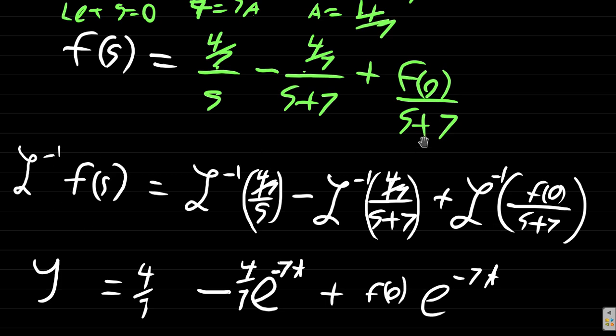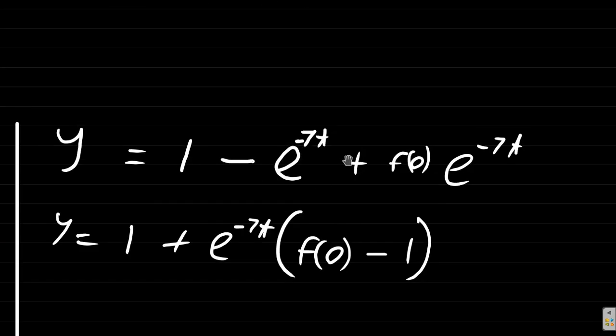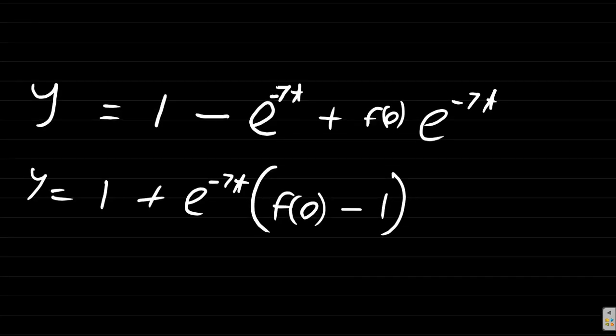So when we come up here, y equals 4 over 7 minus 4 over 7 e to the negative 7t.